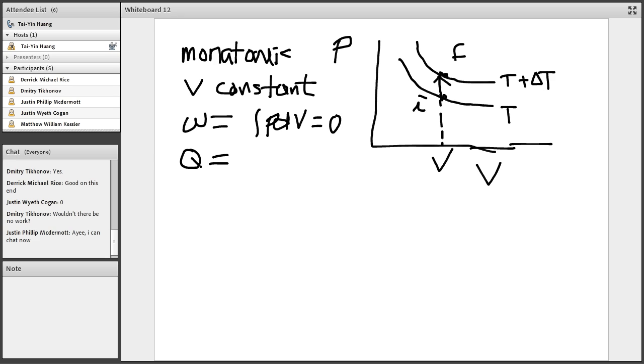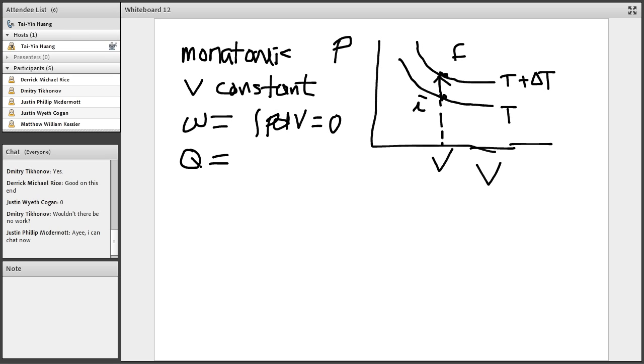Q is equal to mc delta T, which involves the mass of the object, the specific heat of the object, and the temperature change. Now we're dealing with gas, so we're going to use a very similar expression. Instead of the mass, we use the number of moles. Instead of the specific heat, we use the specific heat at constant volume. And there's also the term for the change in temperature.